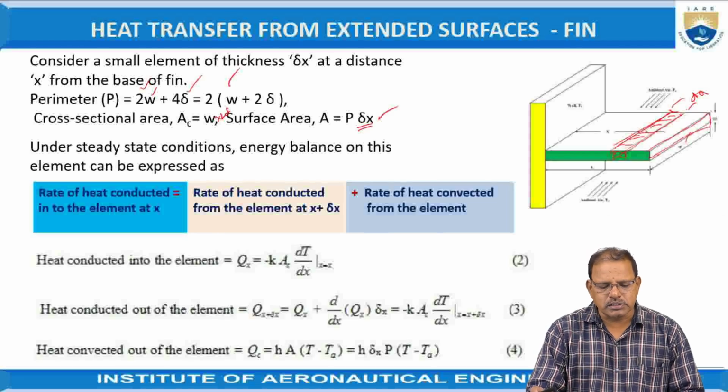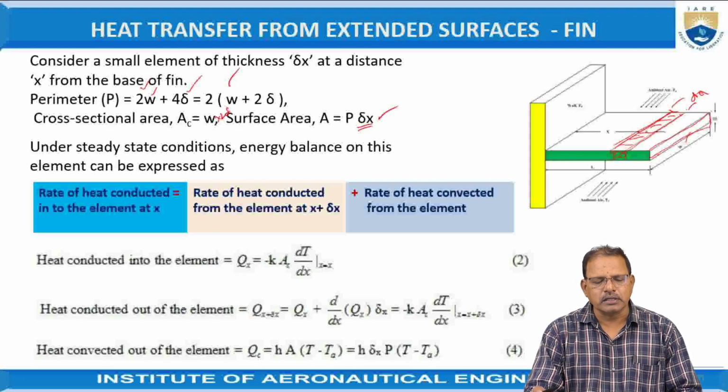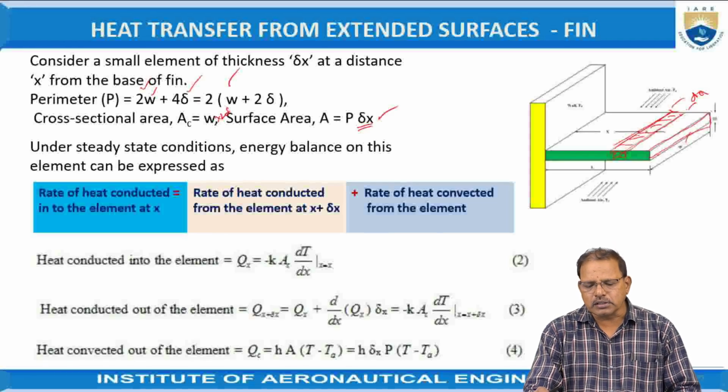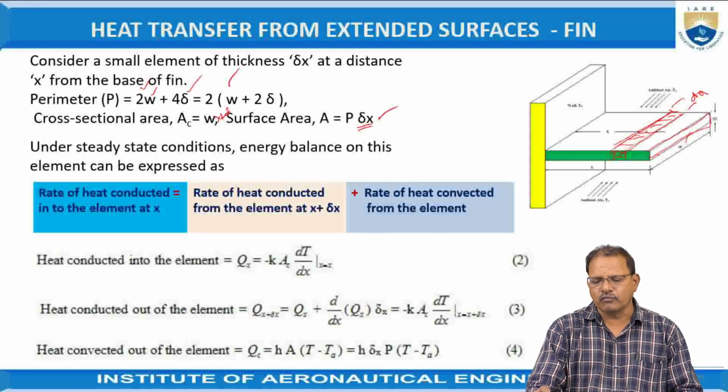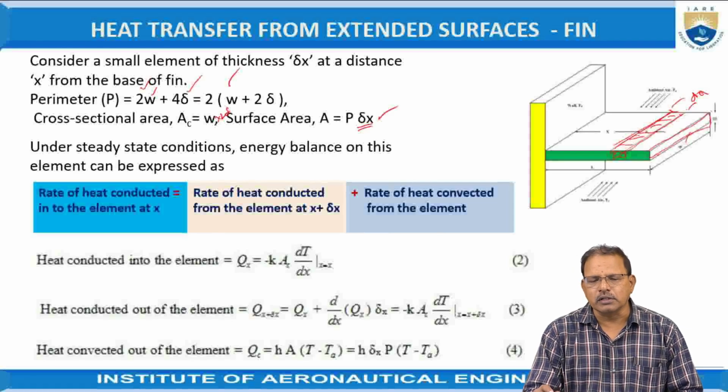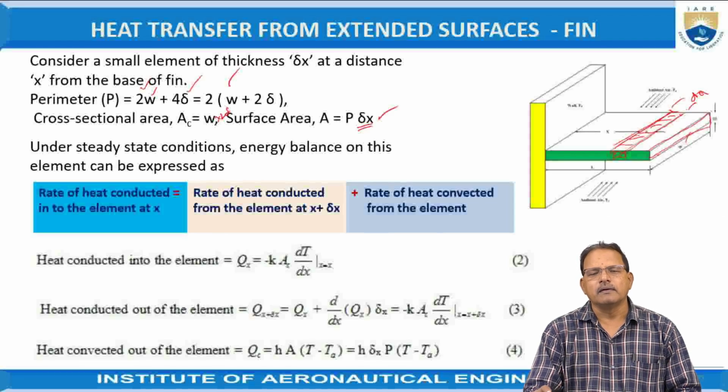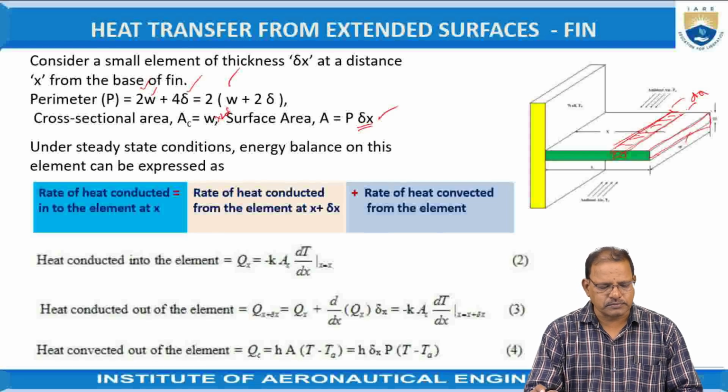Under steady state conditions, the energy balance on this element can be expressed as: the amount of heat energy extracted from the wall by the fin should be equal to the amount of energy dissipated to the air by the conduction process as well as the convection process.